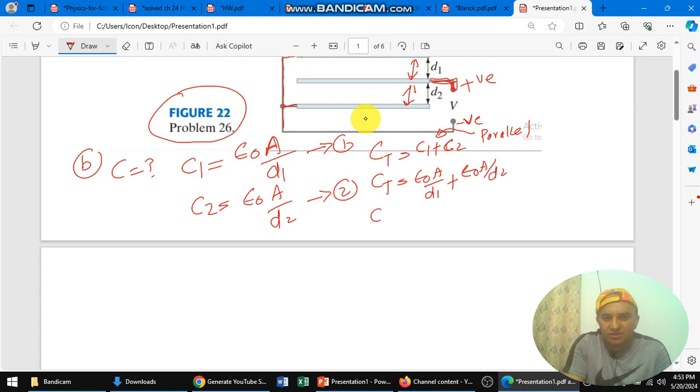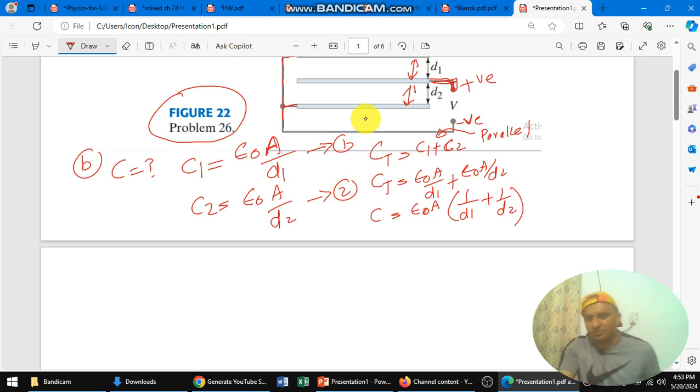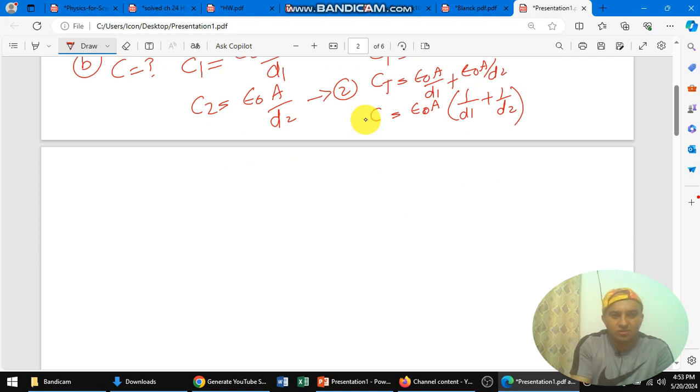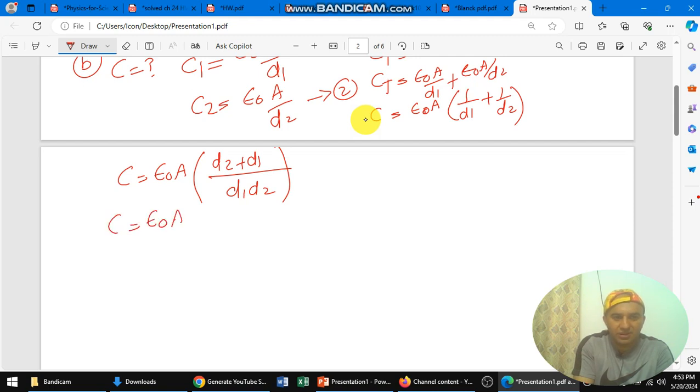Further, C equals C total, which is epsilon naught A times 1 over D1 plus 1 over D2, with epsilon naught A common. Taking the LCM, C is equal to epsilon naught A times (D1 plus D2) divided by D1 D2.